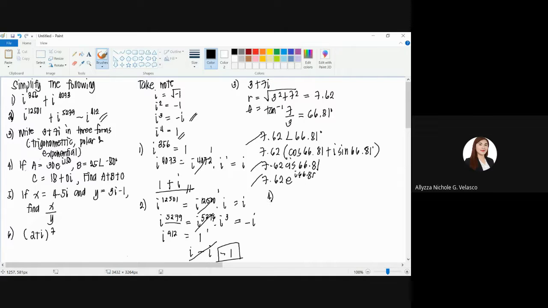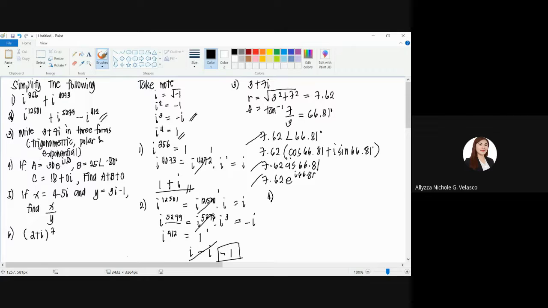If A is equal to 30 e raised to i 150, and B is equal to 25 angle negative 80, and C is equal to 18 plus 0i, we have to get the value of A plus B plus C. Okay? So, of course, the first thing that we should do is to convert these forms into same forms.